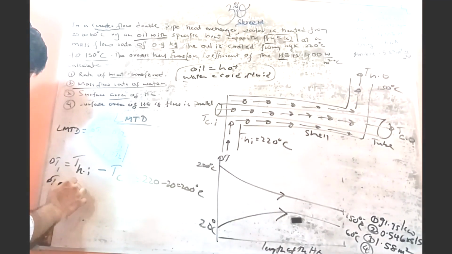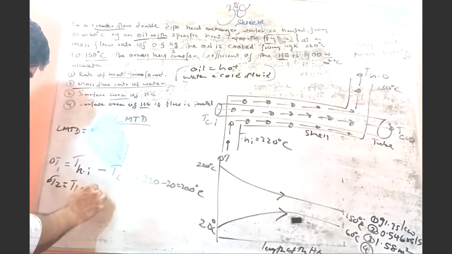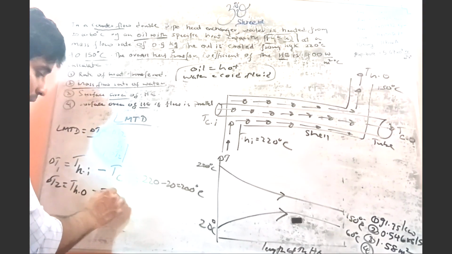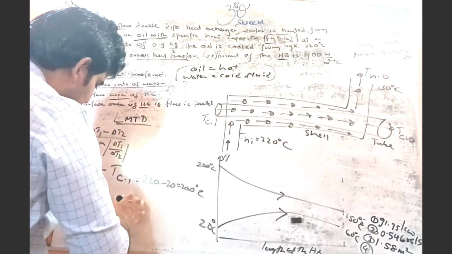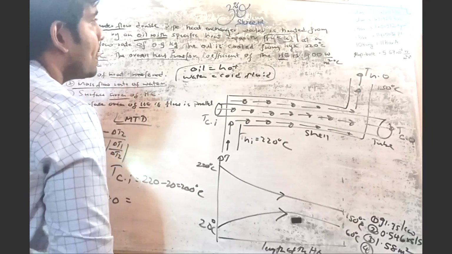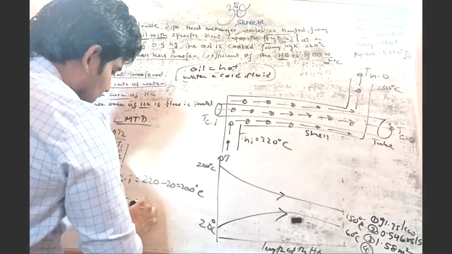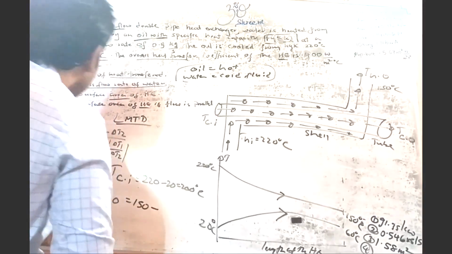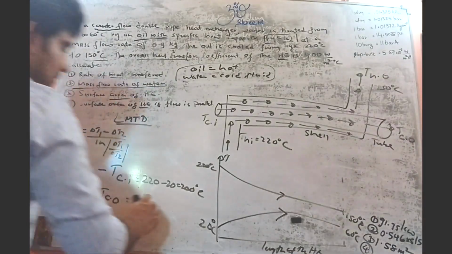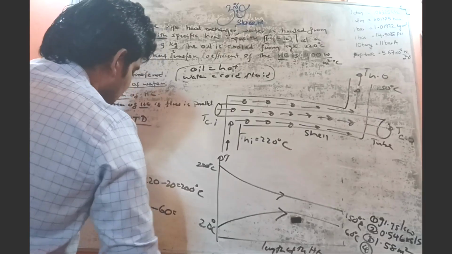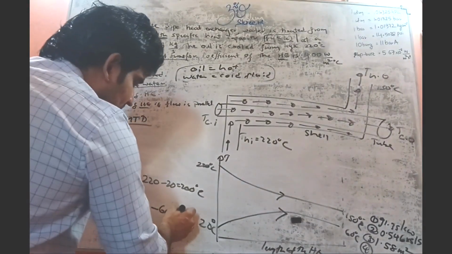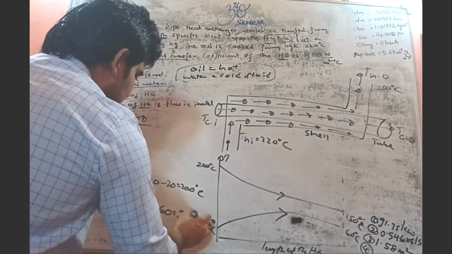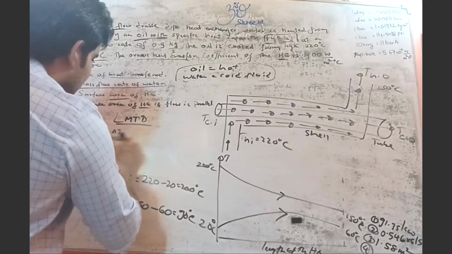That is T hot fluid outlet minus T cold fluid outlet. That is 150 for the hot fluid minus 60. 150 minus 60, how much? 90 degrees Celsius.